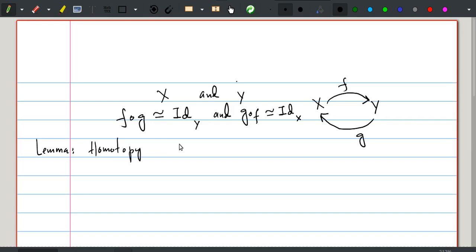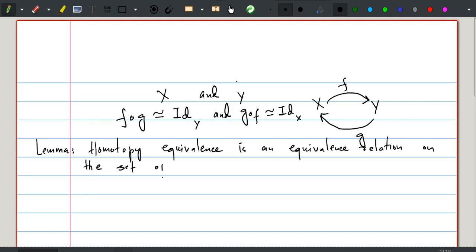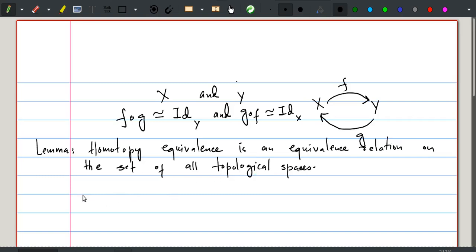Homotopy equivalence is an equivalence relation on the set of all topological spaces. Proof.